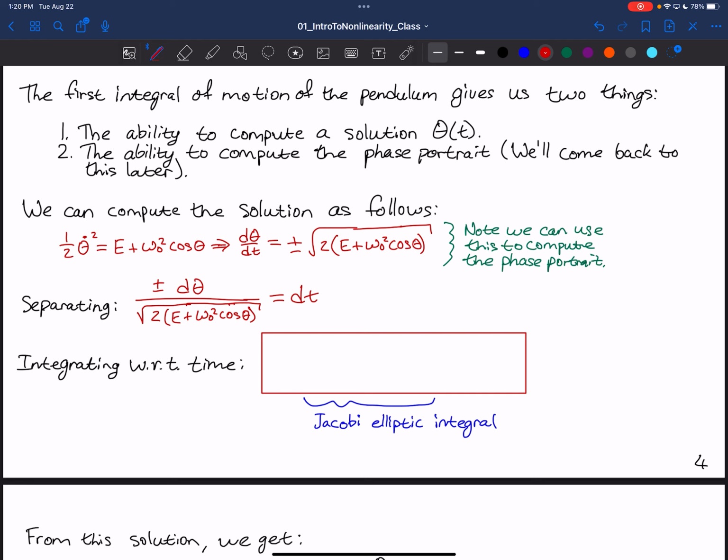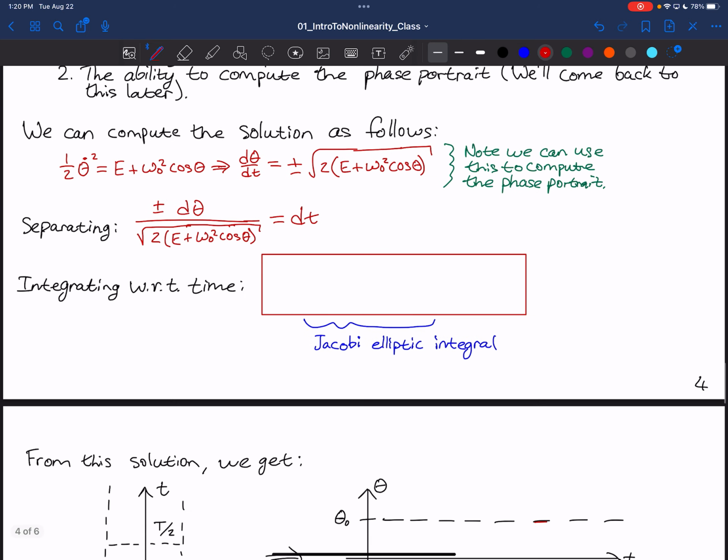And from there, we can solve by integrating with respect to time or with respect to theta, and we'll find that t is equal to the integral of 1 over the square root of 2 times e plus omega 0 squared cosine theta d theta plus k, some constant k.